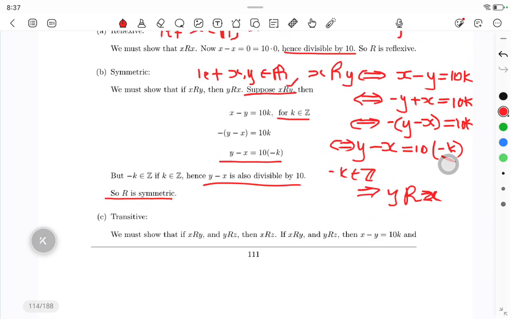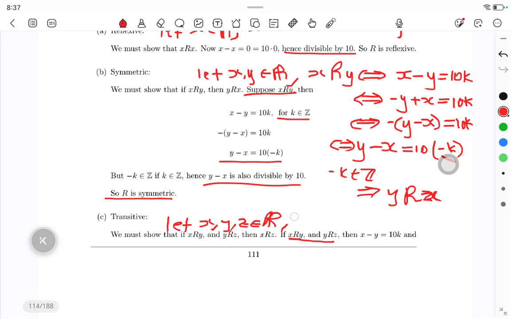Then for transitivity, we're going to need 3 elements. We're going to let x, y, z be elements of the real numbers. Then we take these two to be related to each other.